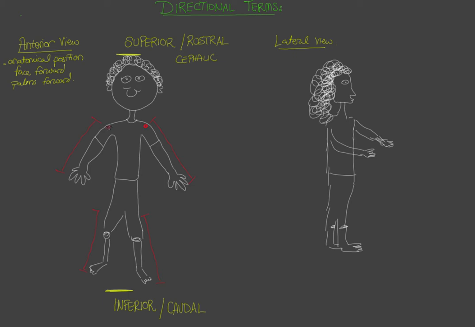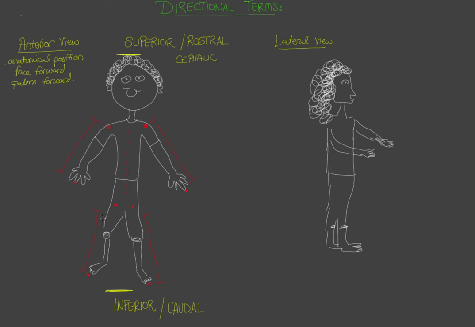The region right here is closer to the axis of the body, and then the region right here, the fingertips, would be farther away from the axis of the body. Similar for the hips. Right here, this is closer to the axis of the body, and then the feet or the toes are going to be farther away from the axis of the body.